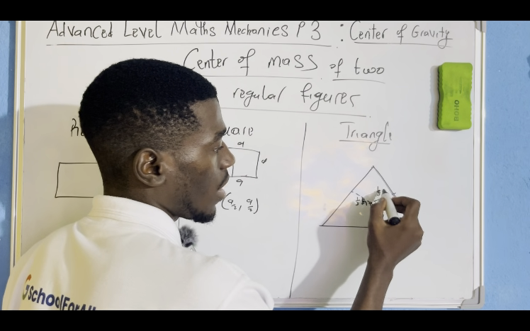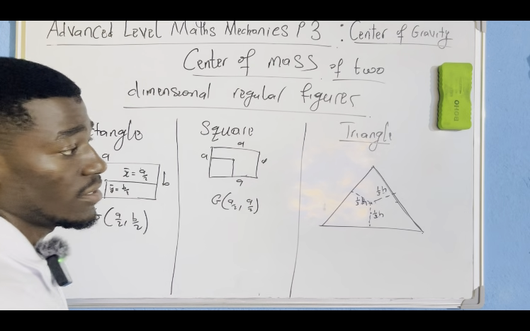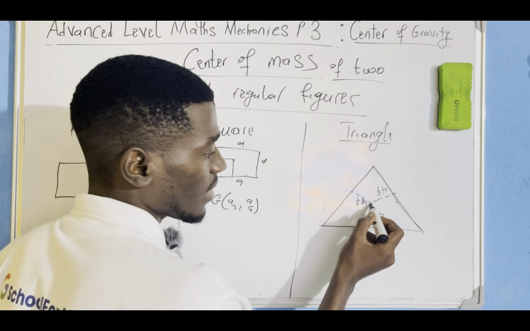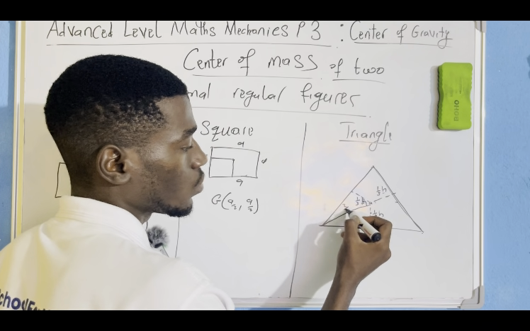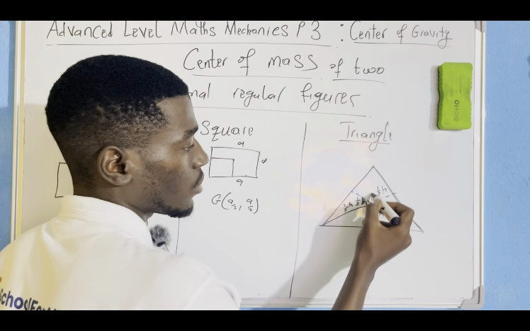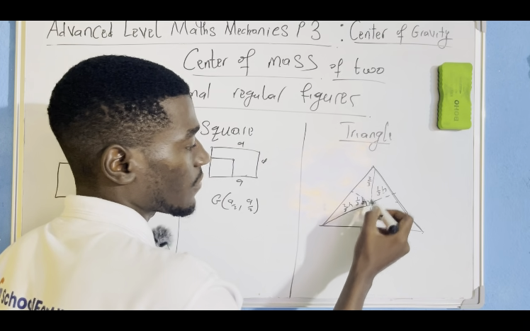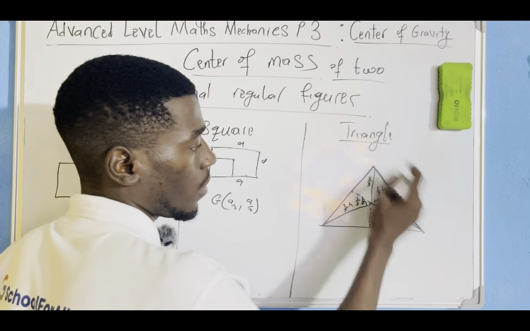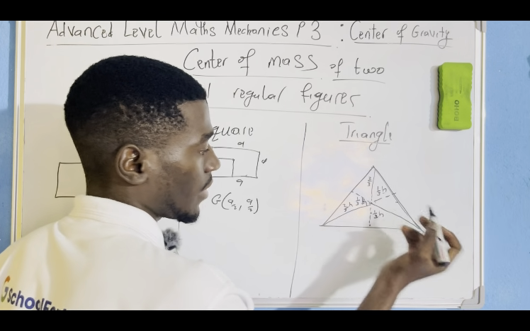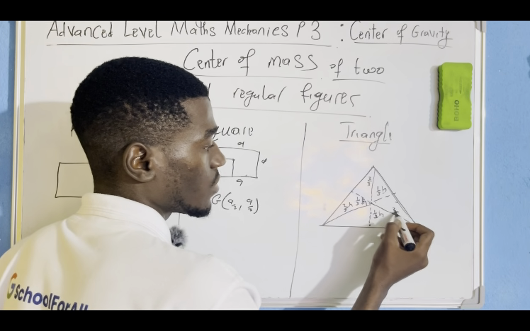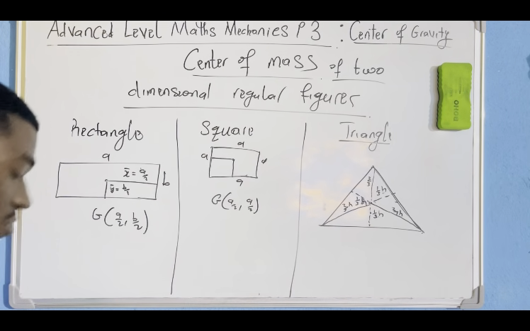Now from the center to the top, if this is 1/3, to complete it should be 2/3 the height. From the center to the top, all those vertices are at the top of our equilateral triangle, so here will be 2/3 the height. So that is the center of mass of an equilateral triangle.